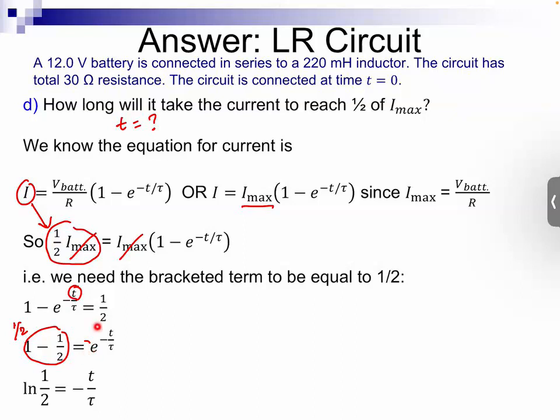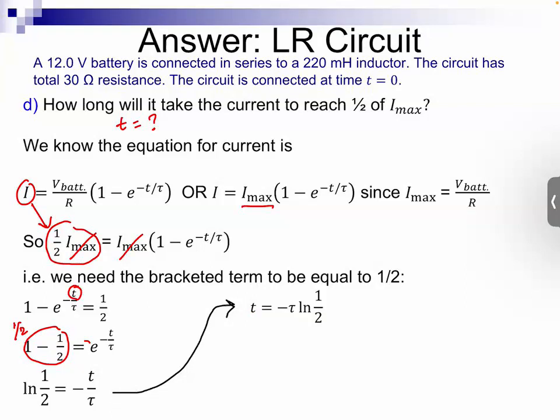All right, so if you take the natural logarithm, or ln, of both sides, the ln cancels out the exponential, and you're just left with minus t over tau on the right hand side, whereas on the left hand side you get the ln of 1/2. Good. Then it's just a matter of algebraic manipulation. So to isolate time, you have to multiply by negative tau.